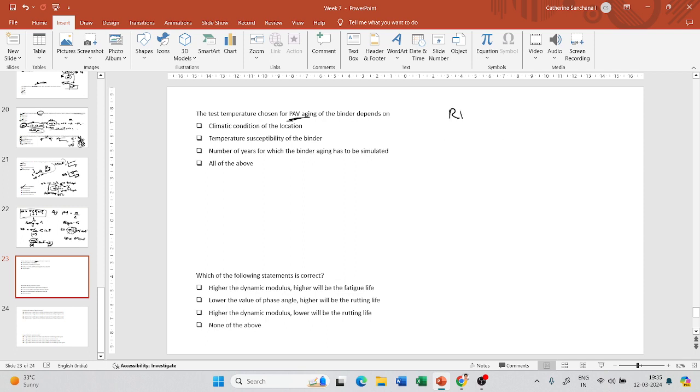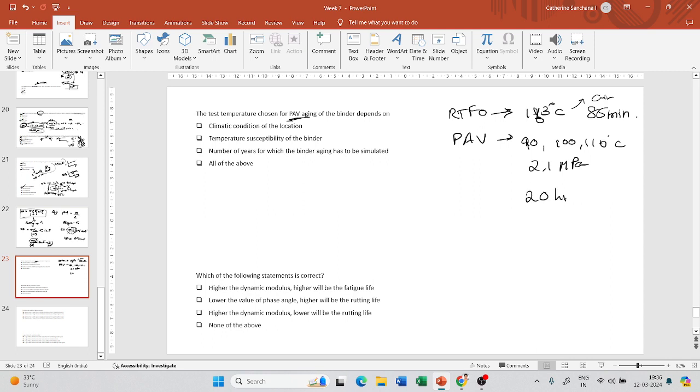Okay, so this RTFO aging is done at 163 degrees Celsius for 85 minutes, and this PAV aging is done at 3 temperatures: 90, 100, 110 degrees Celsius. This also has airflow, with 2.1 MPa pressure, and one more thing, time for 20 hours. Okay, so this temperature is what they are asking.